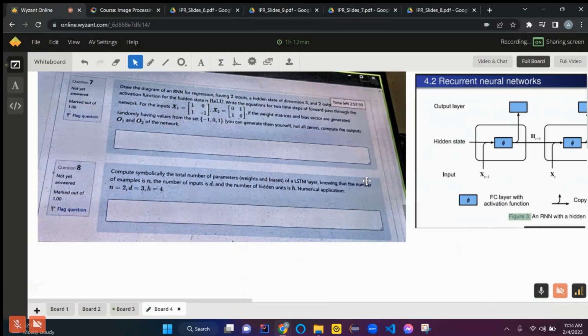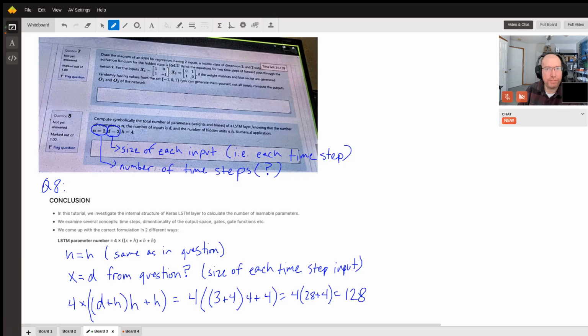Let me see how they've got this. Yeah, so let me grab the link for this one. I think they're kind of thinking of something like this.